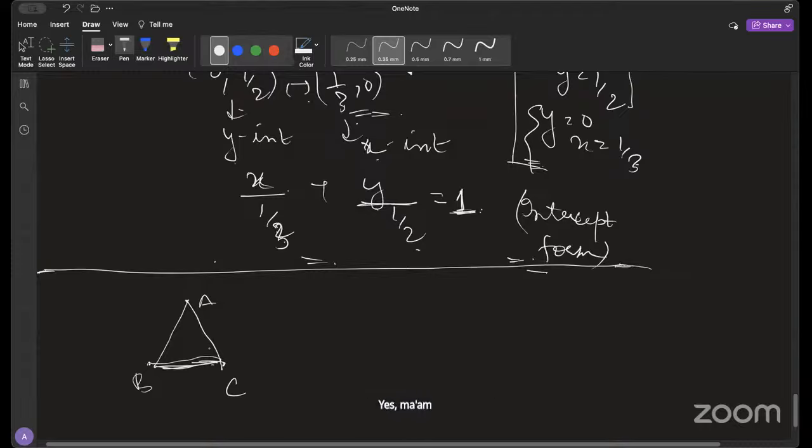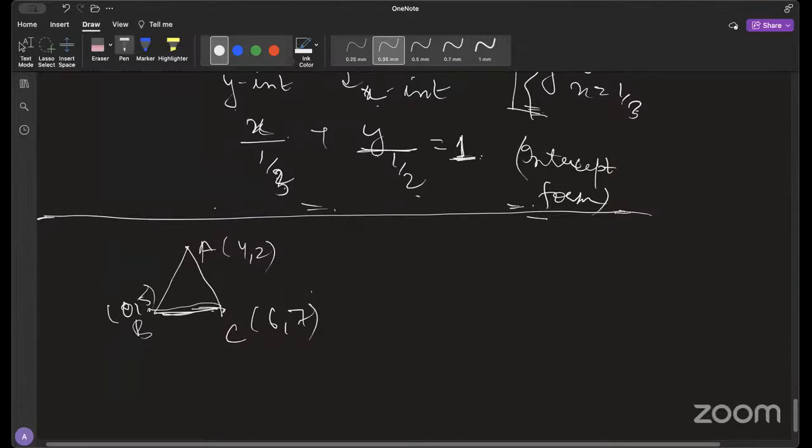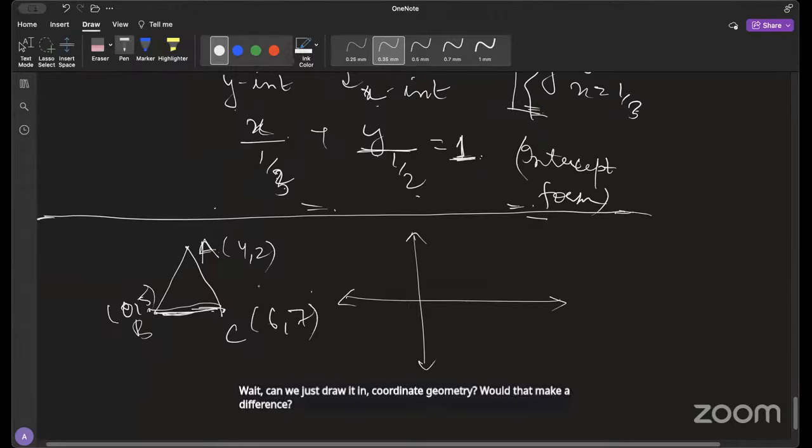A is equal to (4, 2), B is equal to (0, 5), C is equal to (6, 7). Okay, can we just draw it in coordinate geometry? Would that make a difference? (4, 2) is, yeah, okay.